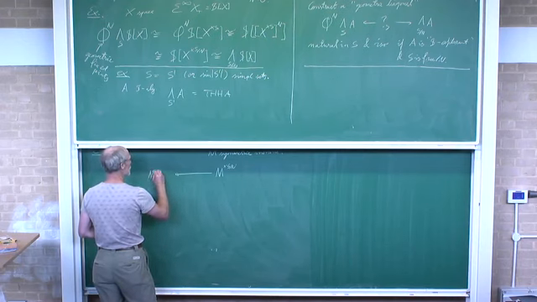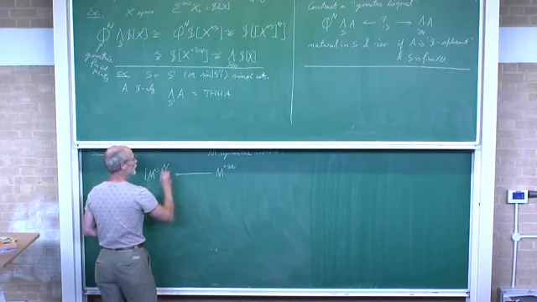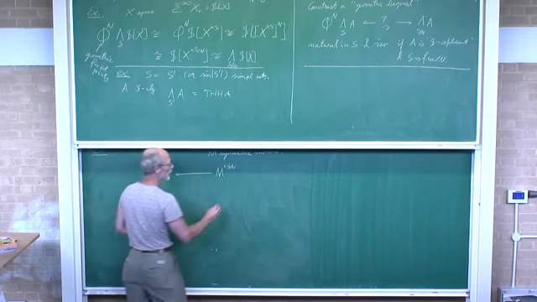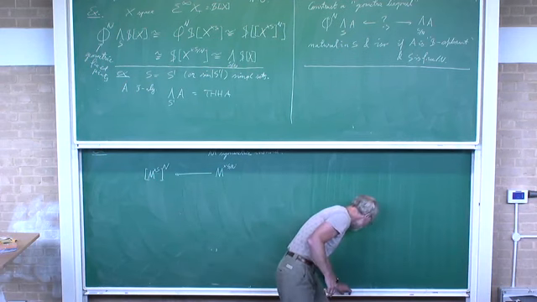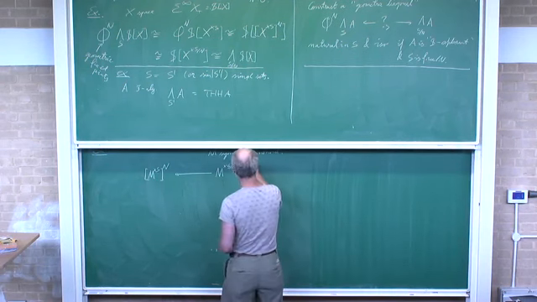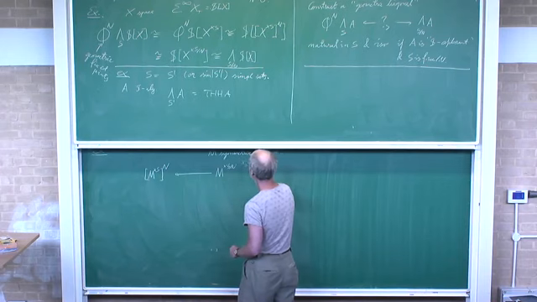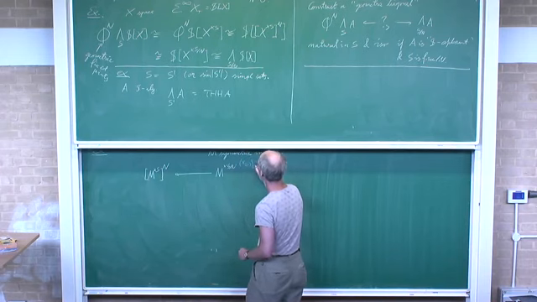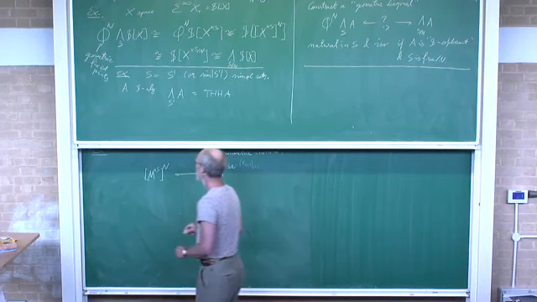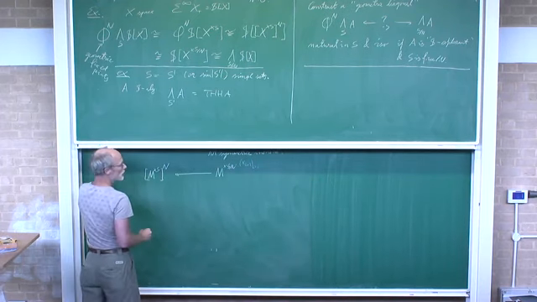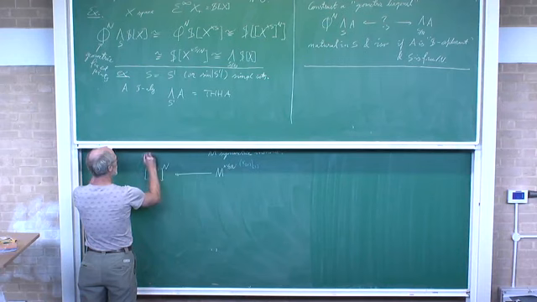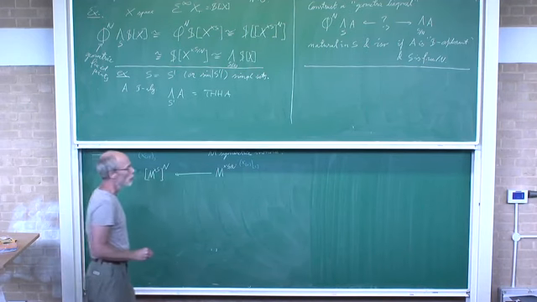Let's see. What does the diagonal do? Well, it takes a blue element. Here it is. It is indexed by the orbits. And it sends it to, well, what should I do? I can't do very much, but just smear that element over the orbit.